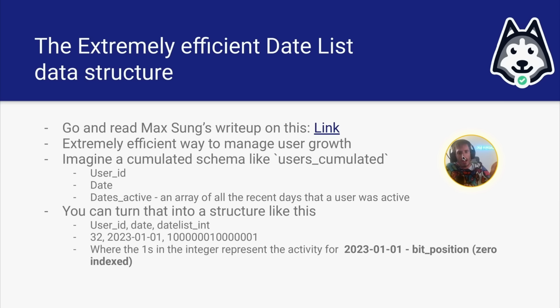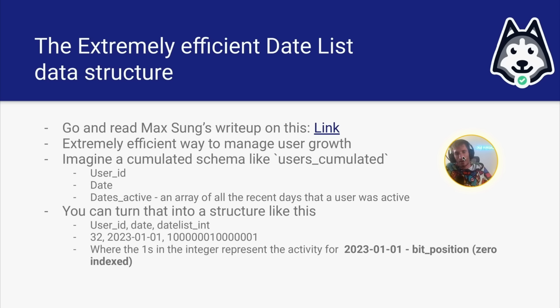A naive approach would be a user ID, the current date, and dates active, where dates active is an array of all the days that user was active, and you can cumulatively add to this array. So every time you see a value, you add another value to the array, showing this user was active on this day, and this day, and so on.